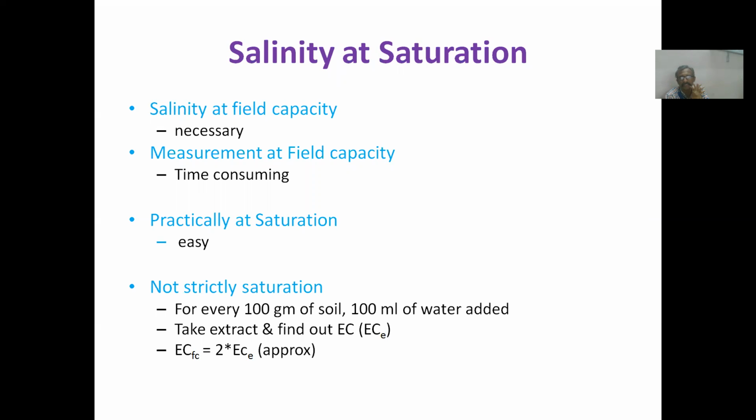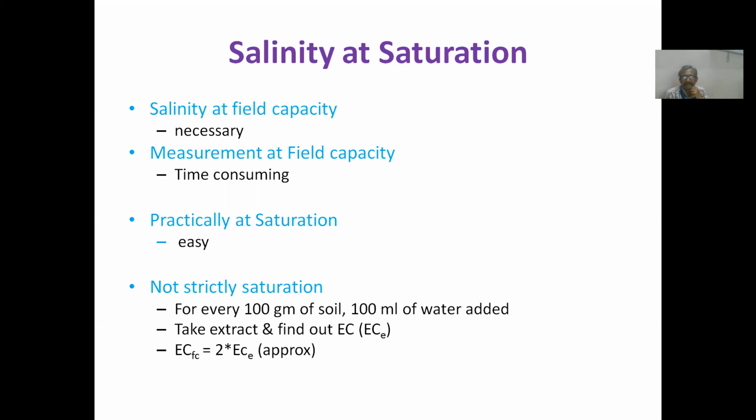So practically, at saturation it is easy to collect the soil water. But in the field the soil is also not saturated, because each soil will hold different amounts of water at saturation. So then it becomes again difficult to have a kind of a standard.